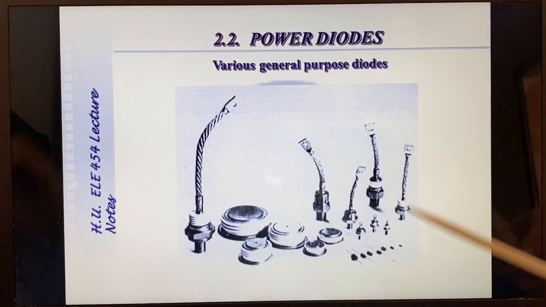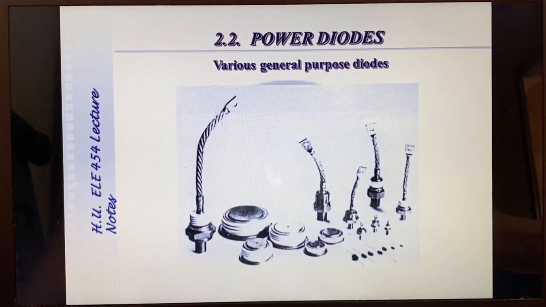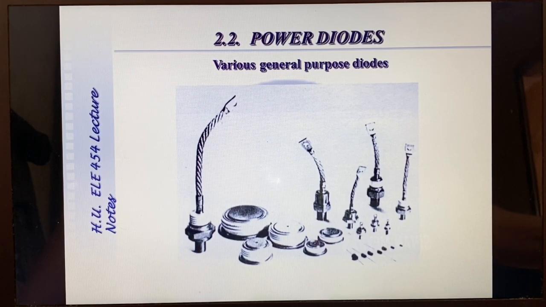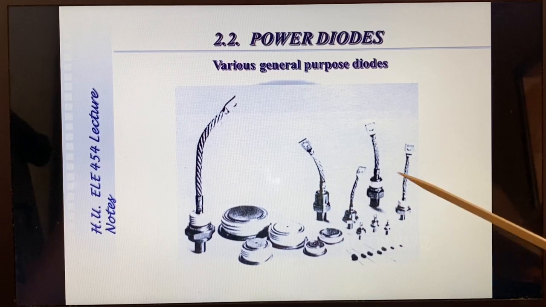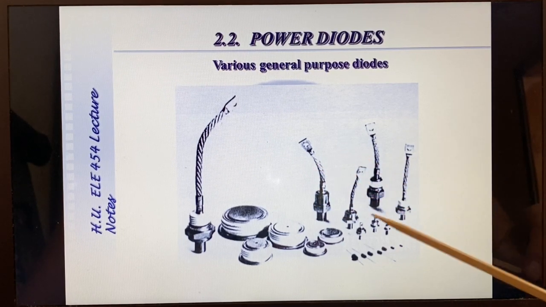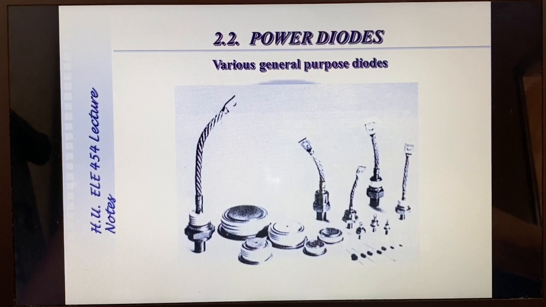These are called disc packages. They have quite high base surface areas, and hence can be cooled easily via heat sinks for high power applications. So these are for thousands of amperes. These are for hundreds of amperes, for tens of amperes, and for a few amperes. The diode packages are available commercially.